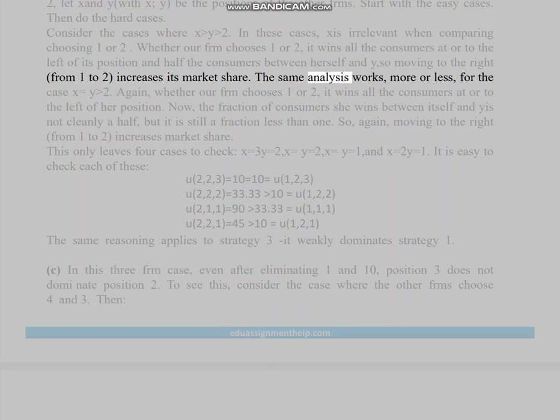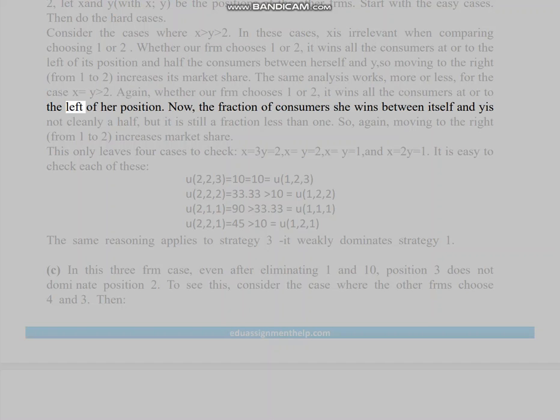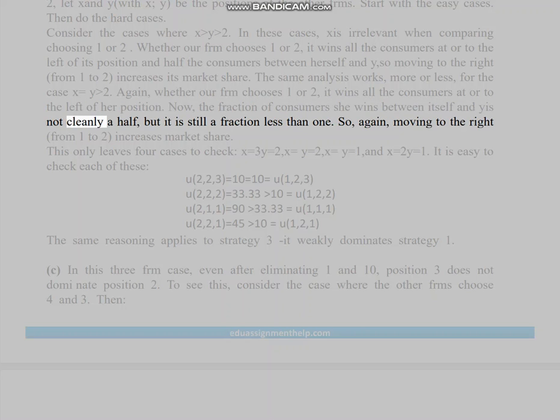The same analysis works, more or less, for the case X equals Y greater than 2. Again, whether our firm chooses 1 or 2, it wins all the consumers at or to the left of its position. Now, the fraction of consumers it wins between itself and Y is not cleanly a half, but it is still a fraction less than 1. So, again, moving to the right, from 1 to 2, increases market share.